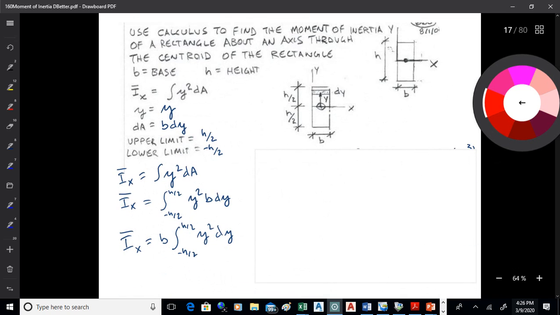Okay. So we're going to integrate y squared dA, which is y squared b dy, going from negative h over 2 on the bottom to h over 2 on the top. I'll pull the b out because it's a constant. I'll be left with the integral of y squared dy, limits of negative h over 2 and positive h over 2.